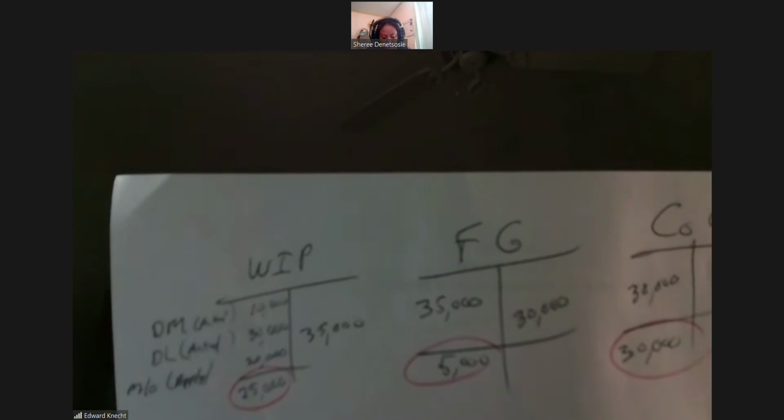Okay, so now what do we have here for ending work in process? Ending finished goods. And then our ending balance for cost of goods sold. So let me show you, see if you understand. Can you see that?